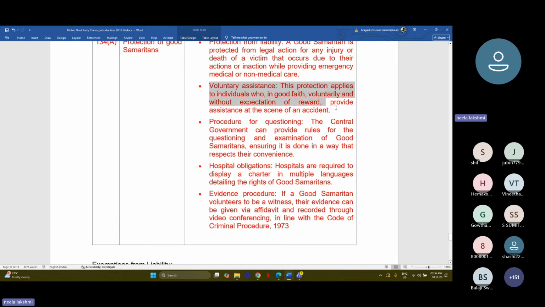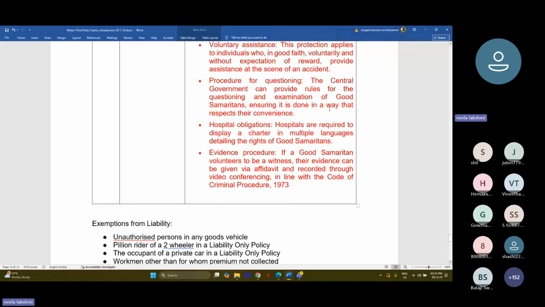Voluntary assistance: this protection applies to individuals who, in good faith, voluntarily and without expectation of any reward, provide assistance at the scene of the accident. The procedure for questioning such Good Samaritans will be limited. The central government can provide rules for questioning and examination of Good Samaritans, ensuring it respects their convenience.